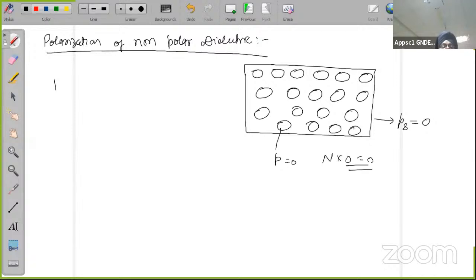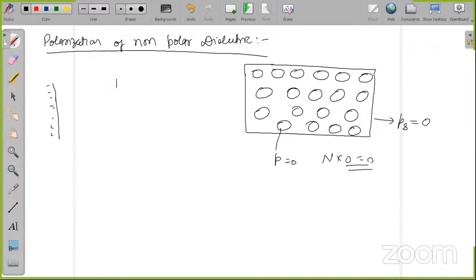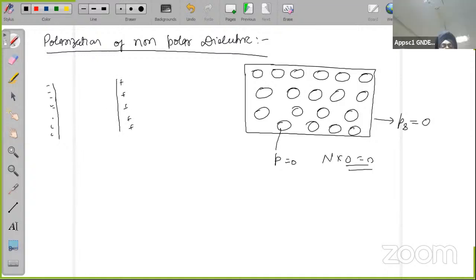But what happens when we place this material in an external electric field? Let us say there are negative charges here and there are positive charges here. Then the centers of positive and negative charges are attracted in opposite directions.